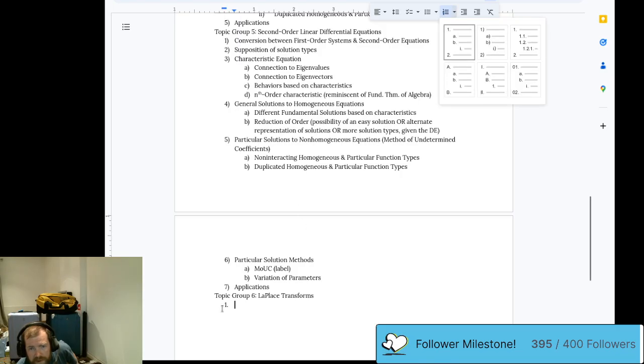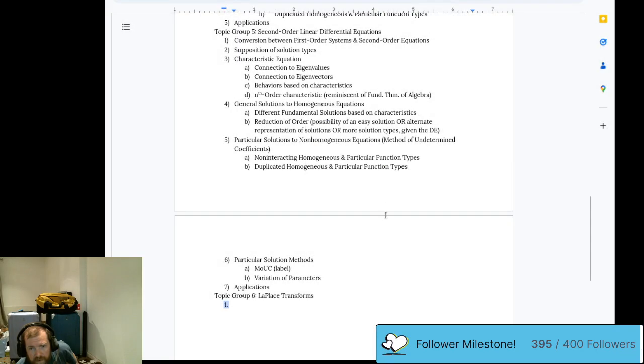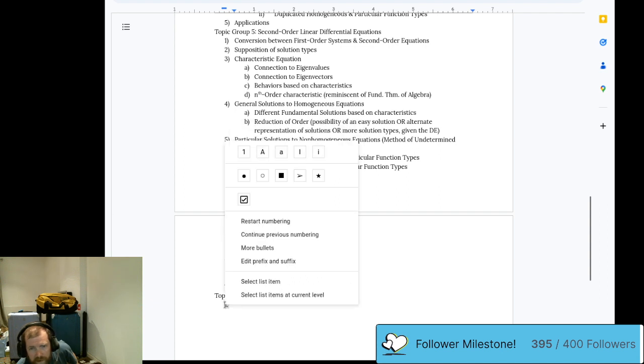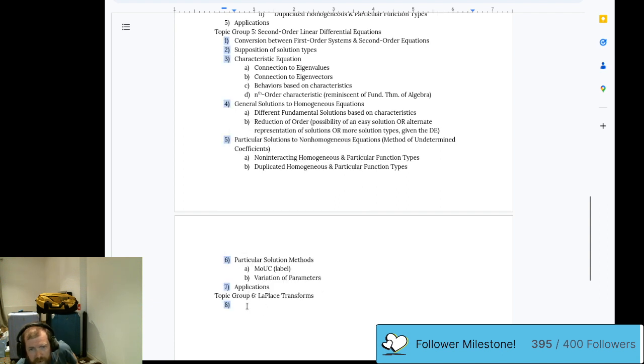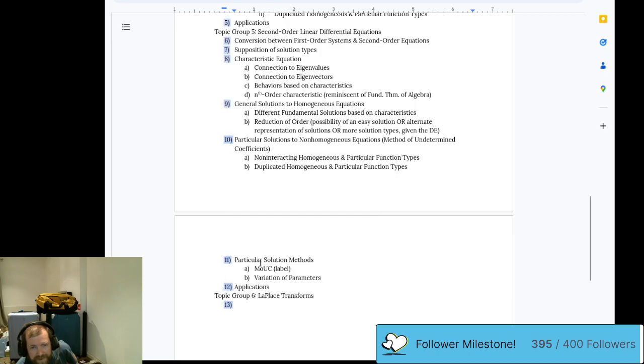About the exact same thing as above. Restart numbering. Okay, nope. Continue previous numbering, but then restart. Boo. Oh, no, don't do that. Alright. Good enough.